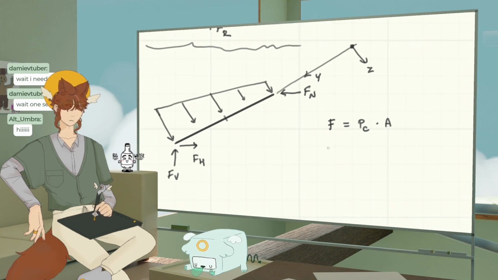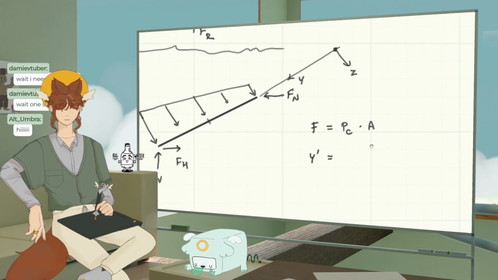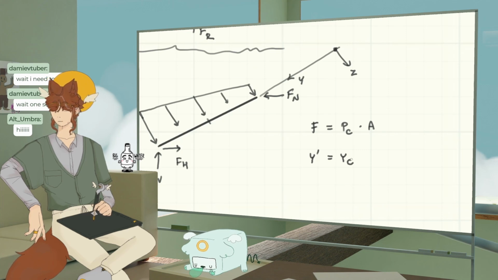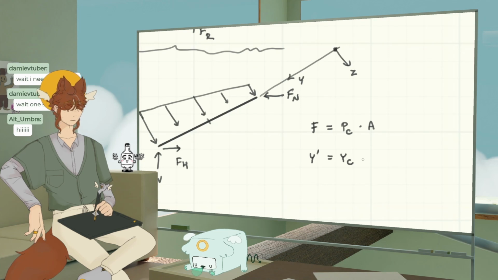And then for the other question, we need to say where is this placed? We're going to call that spot where it's placed y prime, and y prime is going to be the distance of the centroid, and then we're going to add a term.